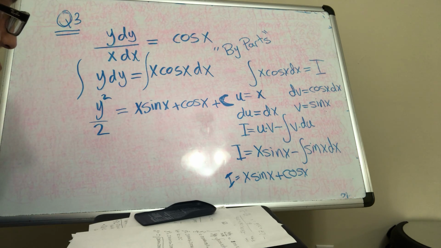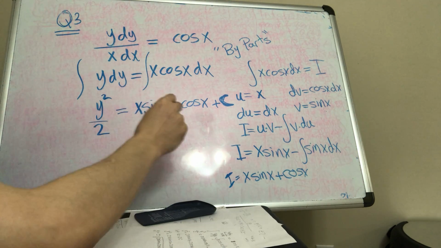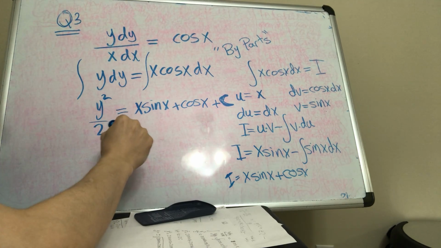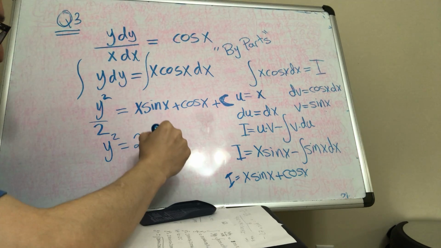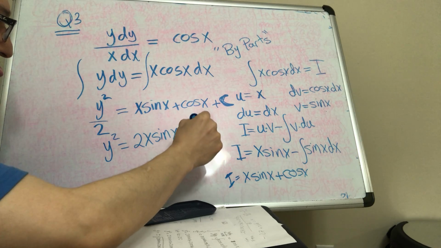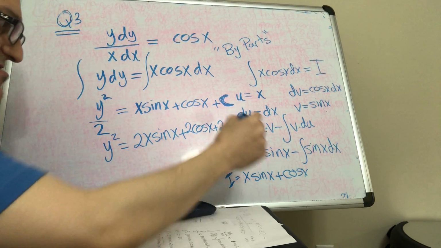Now, in order to get rid of the 2, we multiply both sides of the equation by 2, so you have y squared times 2, which would be 2x sine x plus 2 cosine x plus 2c.